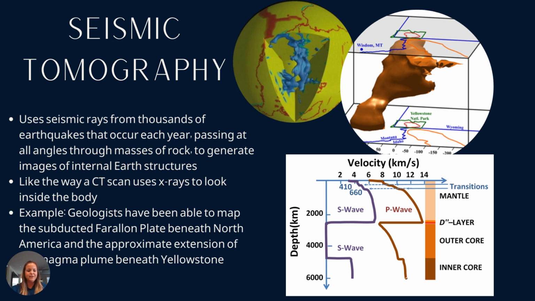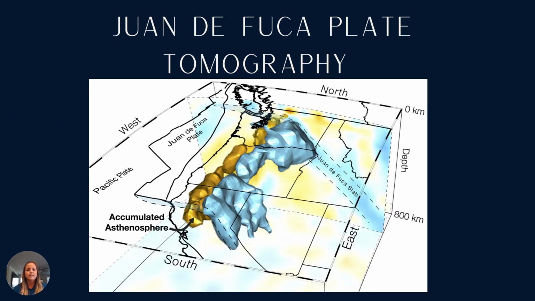And so this has also helped us in California to tell us something about what's happening below California and the Pacific Northwest area. Because if you take California geology, you would learn that the Farallon plate used to subduct beneath North America, and now there's only a remnant of it called the Juan de Fuca plate left. So geologists did some studies looking at earthquakes and seismic waves underneath California, Oregon, and Washington to get an idea of what the Juan de Fuca plate was doing.